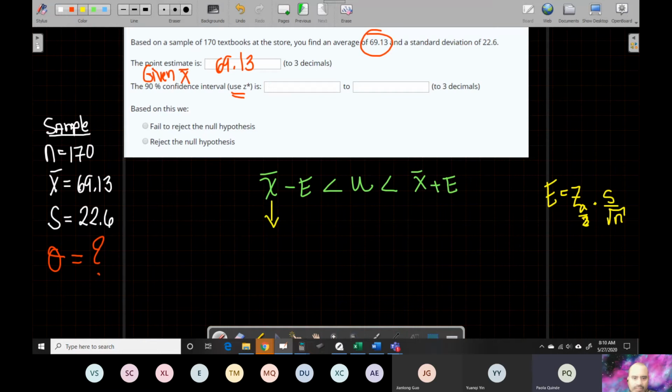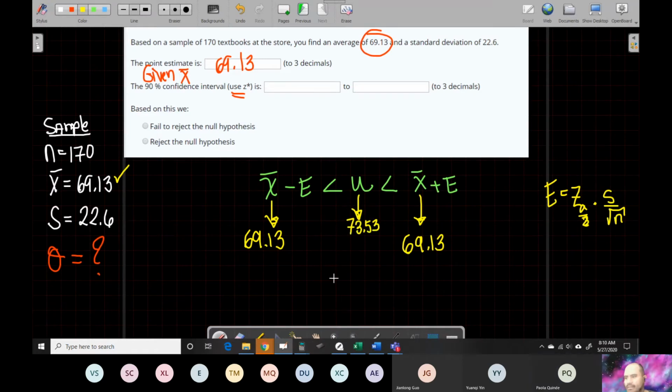X bar, yes, we have it. It was given to us as 69.3. We do have mu, basically. I think that they gave me mu as 73.53.